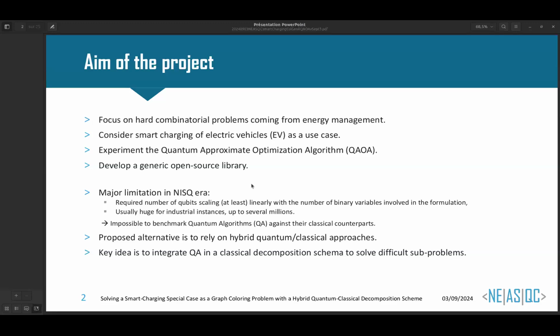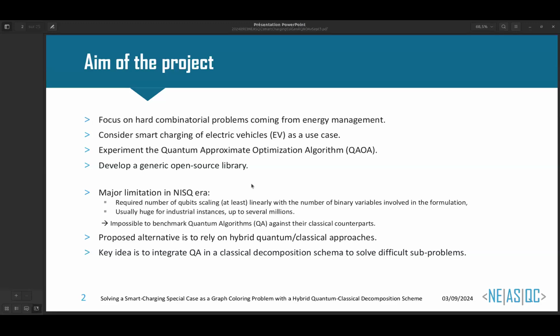We also did some previous experiments on the quantum approximation algorithm, which showed good results. So we wanted to keep going and expand the span of applications on which we could use it. And we developed a generic open source library, as was mentioned earlier.